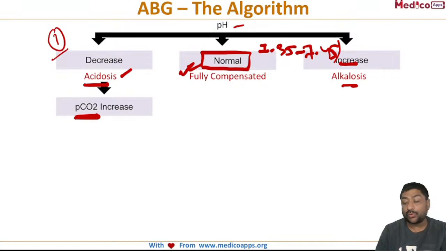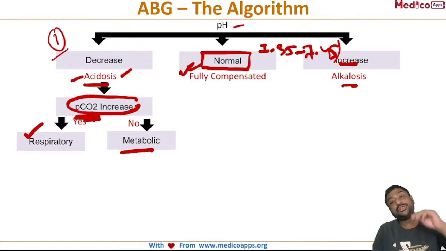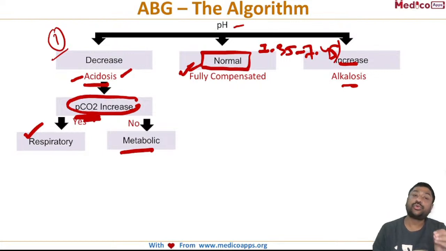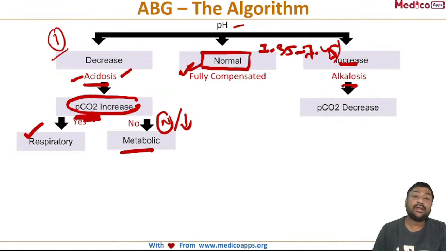If the PCO2 value is increased, we know it's a respiratory cause. If the PCO2 value is not increased, which means it may be normal or decreased, it is a metabolic cause. Clear? So first we saw whether it is an acidosis or alkalosis. The moment we know it is an acidosis, the first thing we see is PCO2. If the PCO2 is increased, it is respiratory; if it is normal or decreased, then it is a metabolic cause. Any doubt in this? Let's look at what we will do in alkalosis.